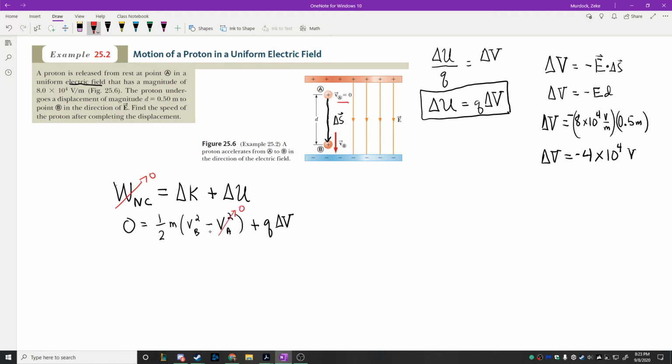And we can solve for VB. I'll do it in 2 steps. So let's move Q delta V to the left-hand side, where it's going to become negative.